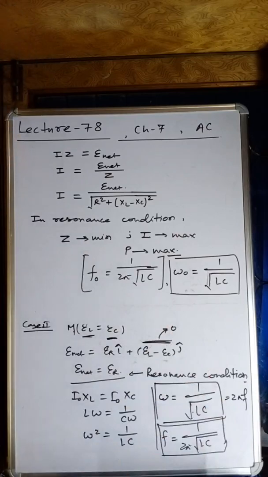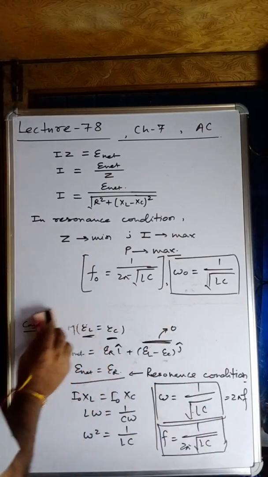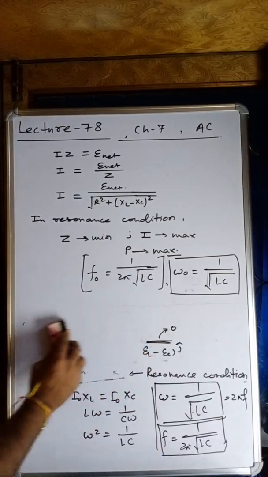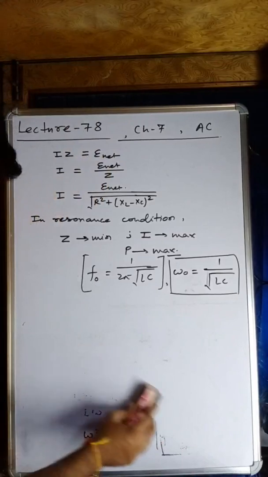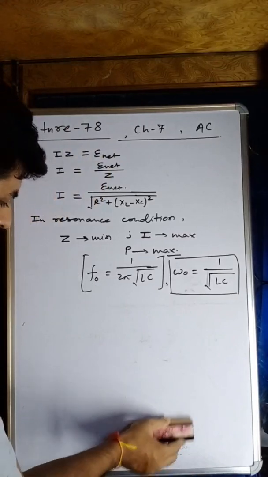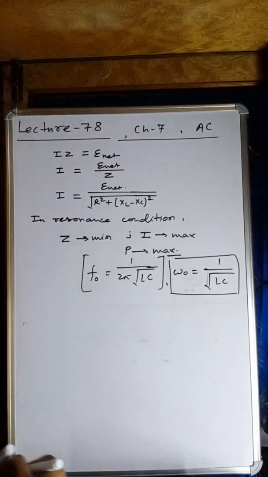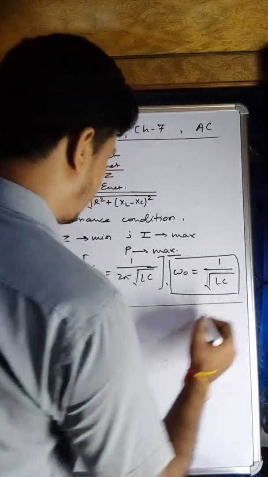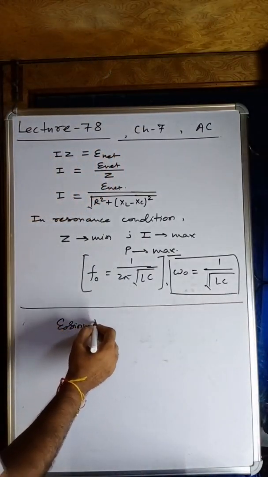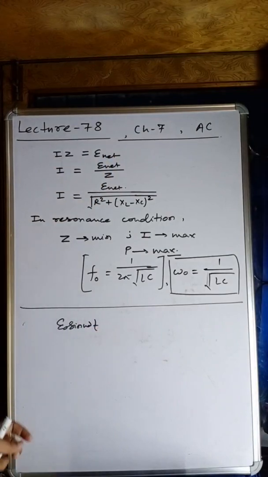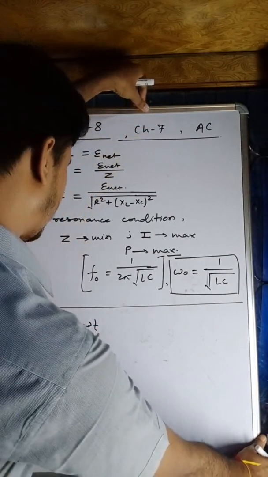But before that, you should remember, my dear student, here we obtained the equation for the LCR series circuit. What was that? The net voltage E naught sine omega t, and the voltage dropped across inductor and capacitor.